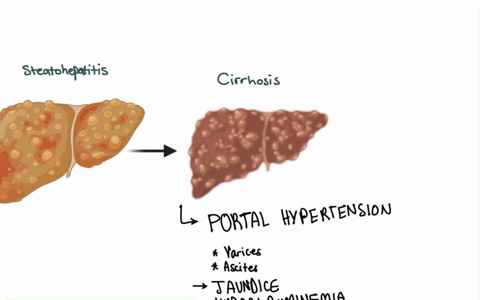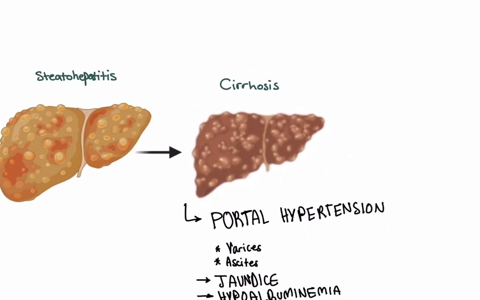Now, over time, as the lipid droplets accumulate in these hepatocytes and inflammation ensues due to lipotoxicity and the subsequent production of reactive oxygen species, you begin seeing scarring develop, likely due to an activation of fibroblast-like cells in the liver called hepatic stellate cells.